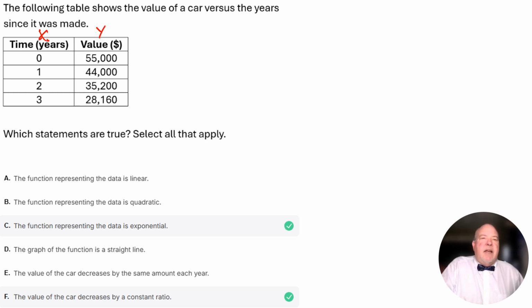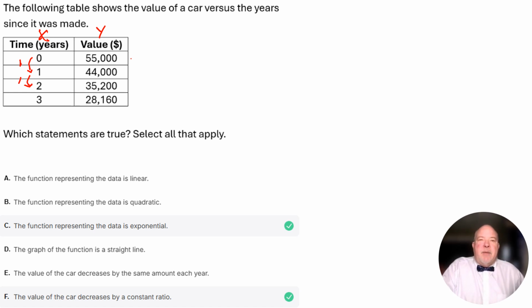And luckily the x values change by the same amount each time, changing by 1 each time. So I really don't have to worry about that because that's consistent. Really what I'm looking at is the change in the y values over the change in the x values. Since the x values change by 1, that'll just be the change in the y values over 1, which is just equal to the change in the y values.